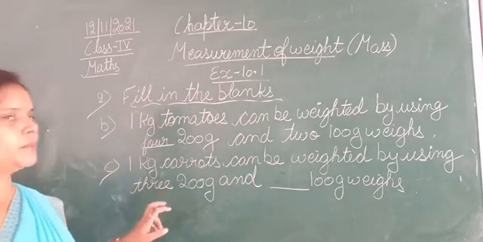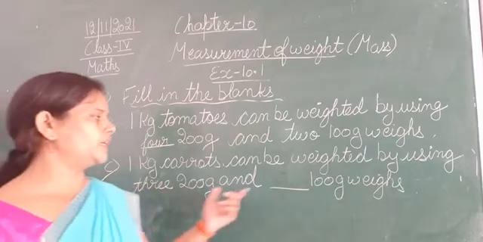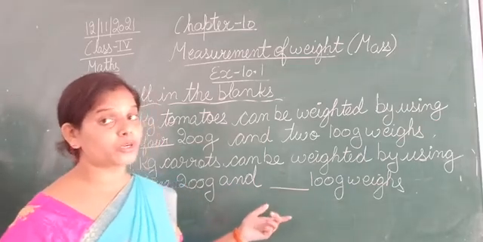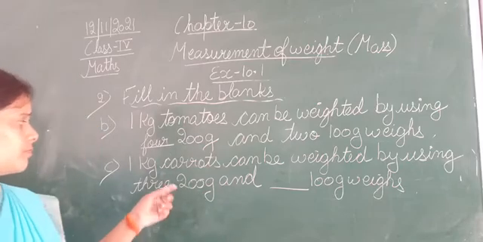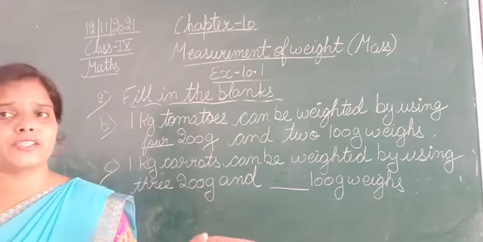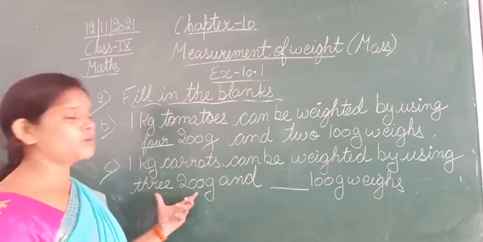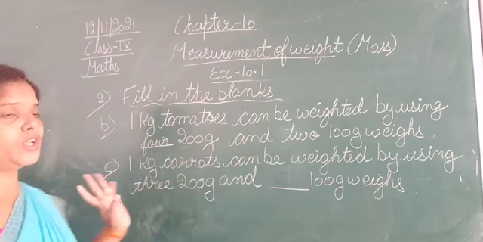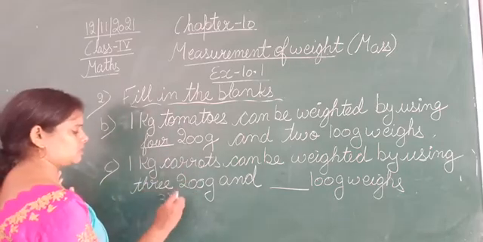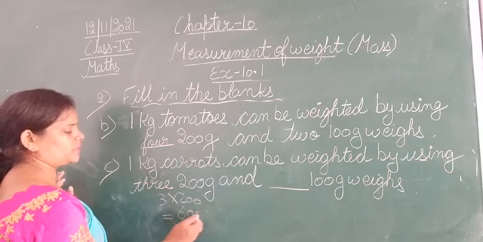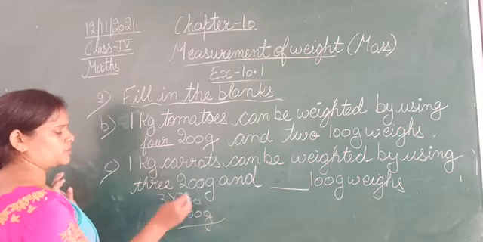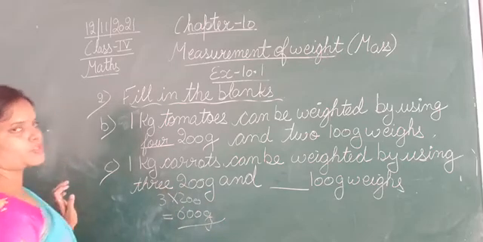For that, we are having the weights of 200 gram and 100 gram. हमारे पास 100 gram और 200 gram के weights हैं. Now for measuring the 1000 gram carrots, we are using 3 200 grams. So 3 200 gram means 600 grams. So we have already measured 600 gram by using 3 weights of 200 grams.